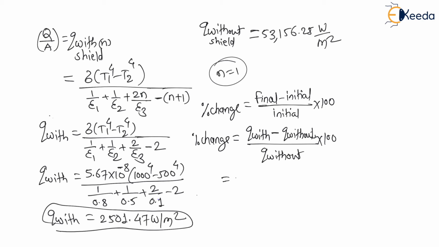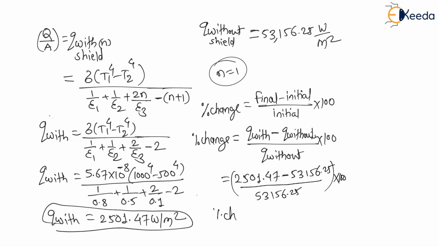So let us put the values. Q with shield is 2501.47 minus Q without shield 53156.25, divided by 53156.25, into 100. Therefore this percentage change is equal to minus 95.29%.